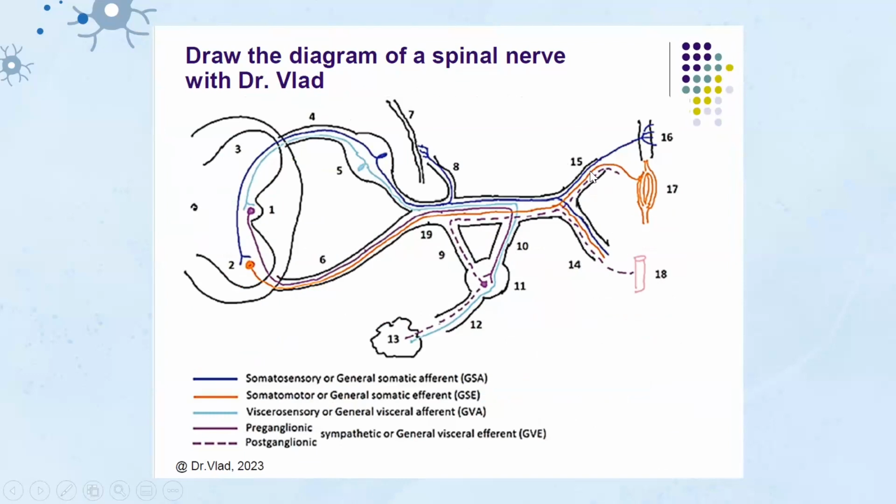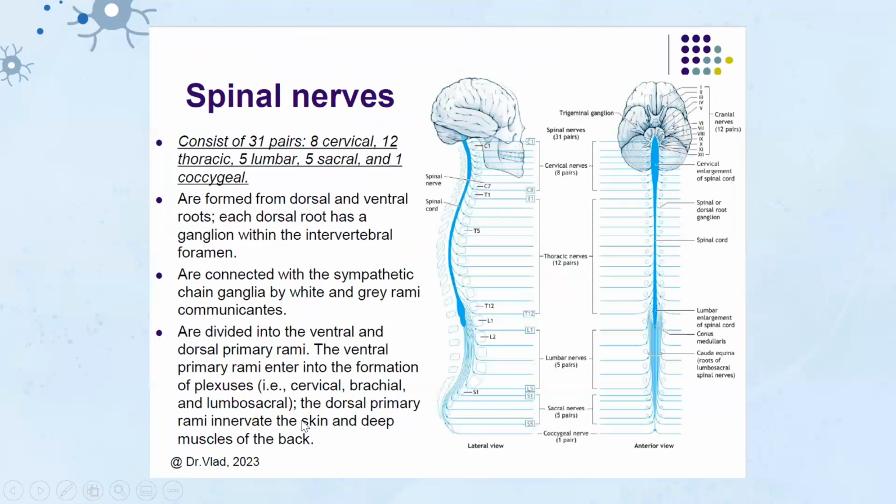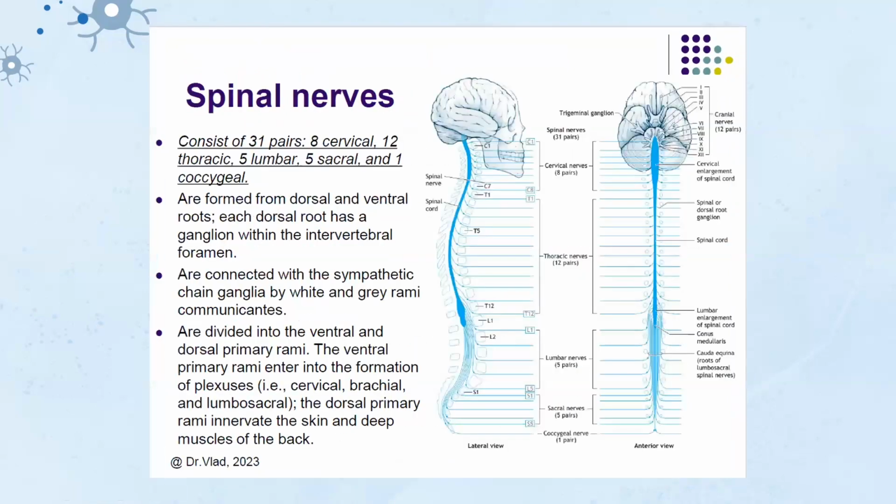Dorsal meaning back or posterior, so you can expect that these nerves will supply the skin and the deep muscles of the back. However, the ventral primary rami will form the plexus: the cervical plexus, the lumbar plexus, the lumbosacral plexus. So this is how the spinal nerves form in general.